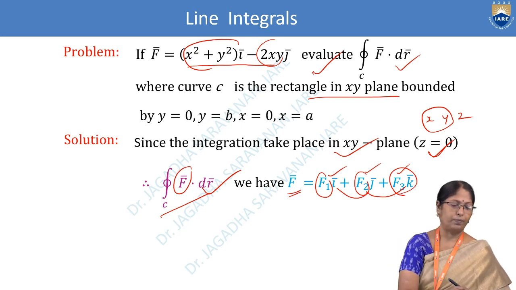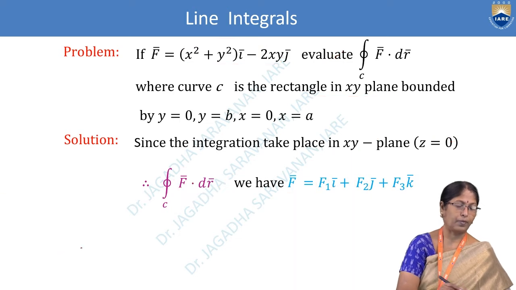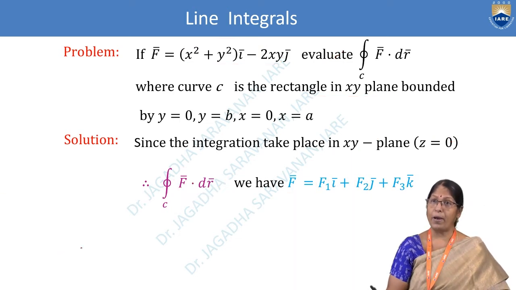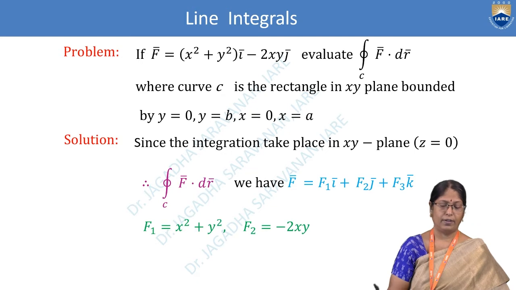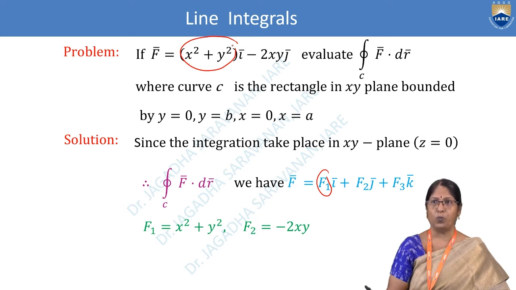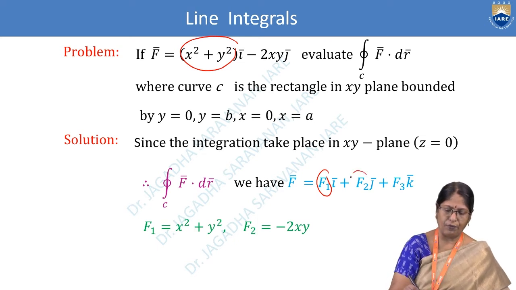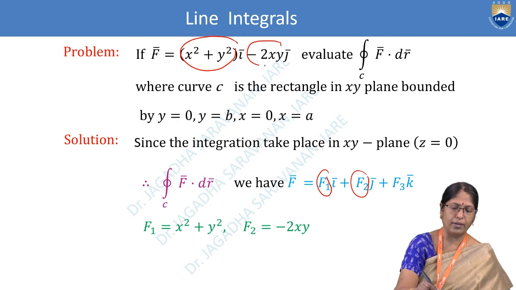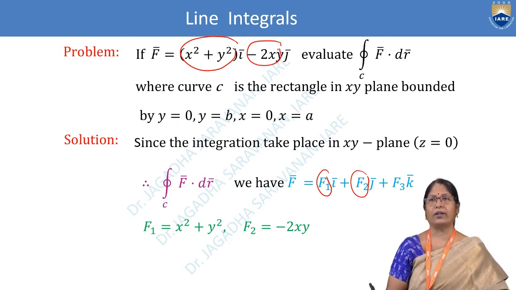So we are doing the comparison. F1 we got, this is x square plus y square. F2 is nothing but minus 2xy.